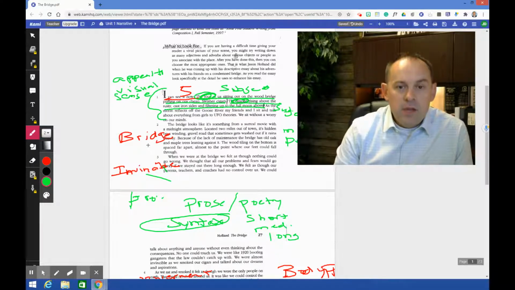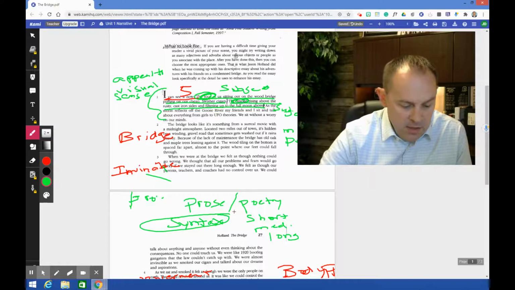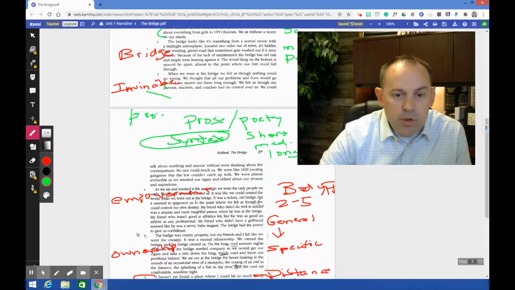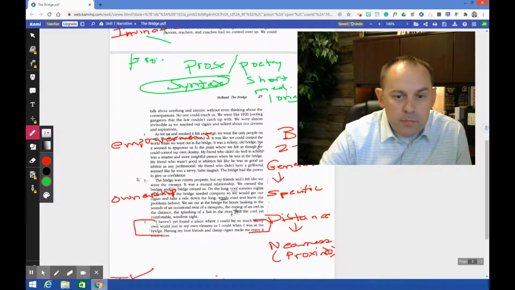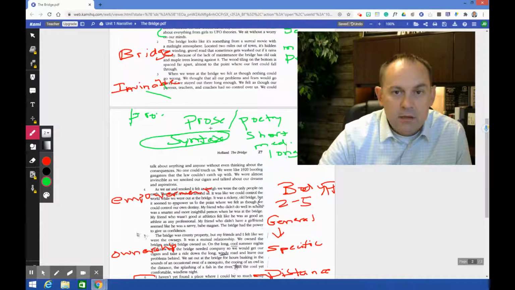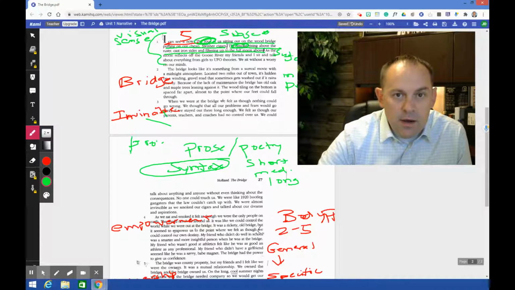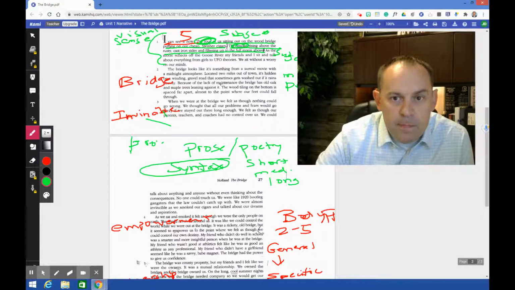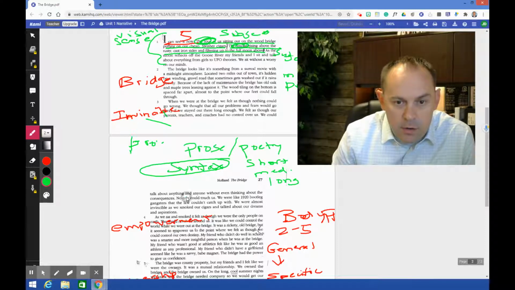So if you look back through the essay, you can find that there are places where there are very short sentences next to very long sentences. For example, let's look at this sentence right here.